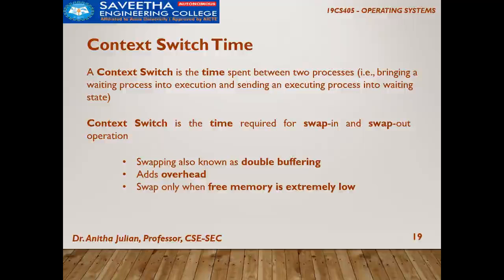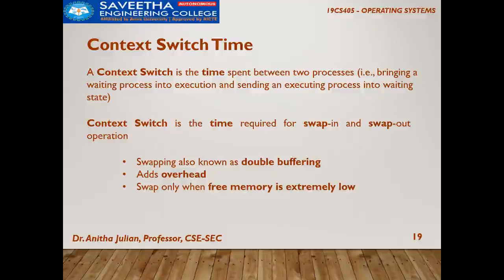There is one more concept called context switch time. We have already studied that context switch is the time spent between two processes. In process management, we studied bringing a waiting process into execution and sending an executing process into the waiting state.